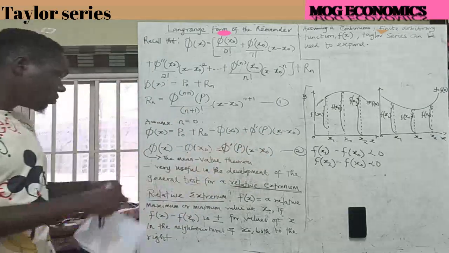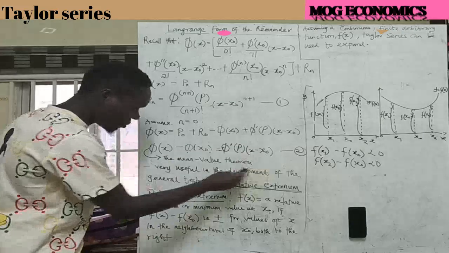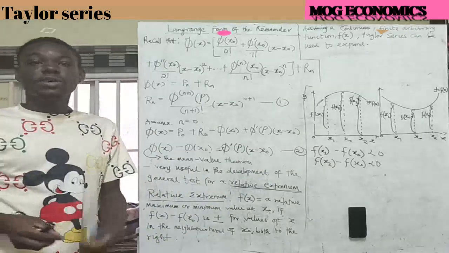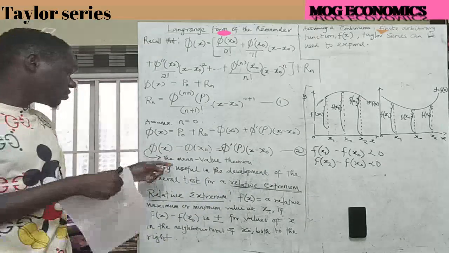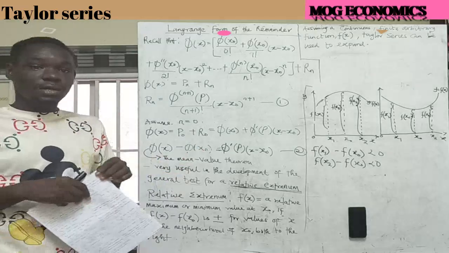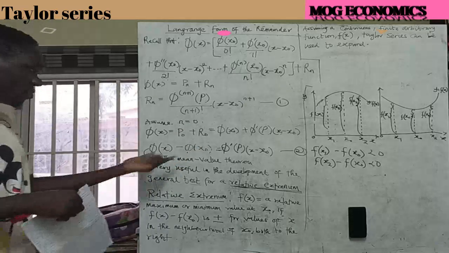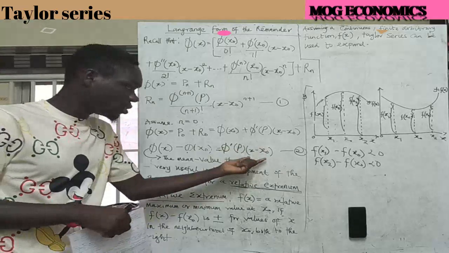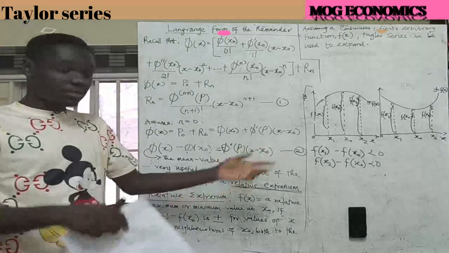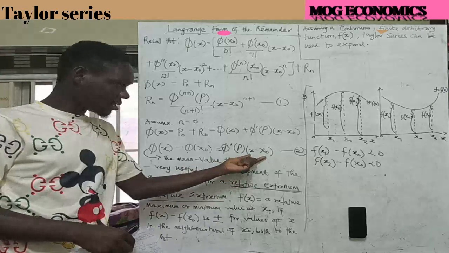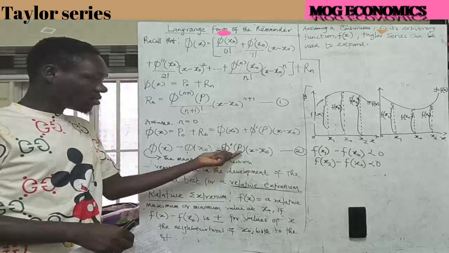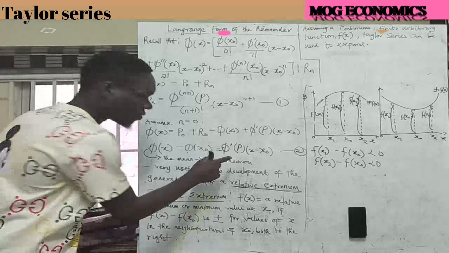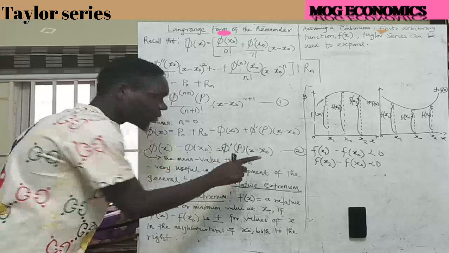And now this actually represents a specific theorem in mathematics, which is the mean value theorem. What do we mean by the mean value theorem? The mean value theorem measures the product of the difference between this and the derivative of a particular value evaluated at that point.